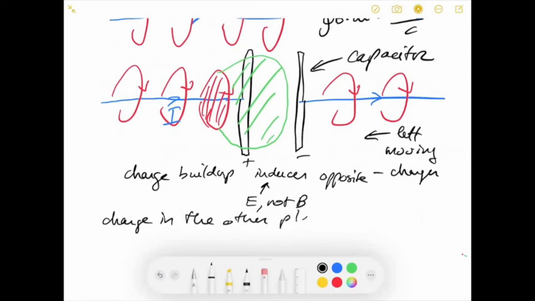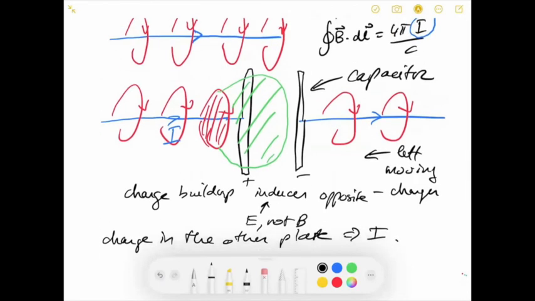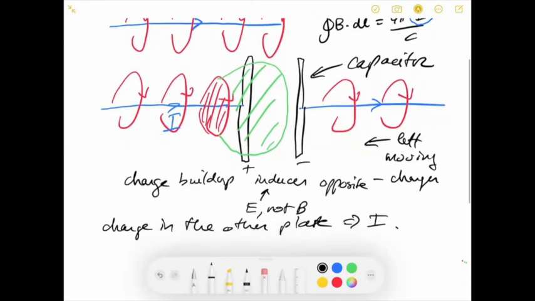And therefore we get a current. All right. So in other words, the current that flows in the right part of the circuit is the result of the buildup of charge, not the charge, but the buildup of charge.